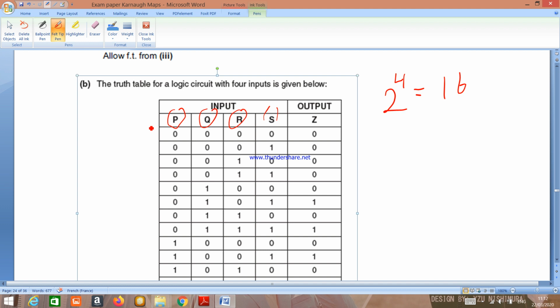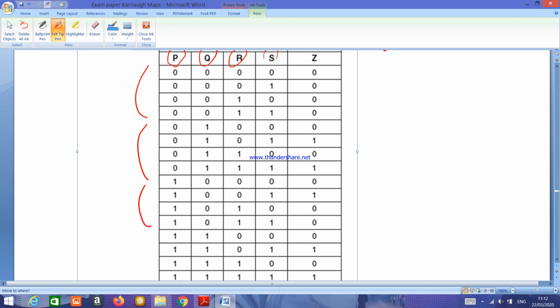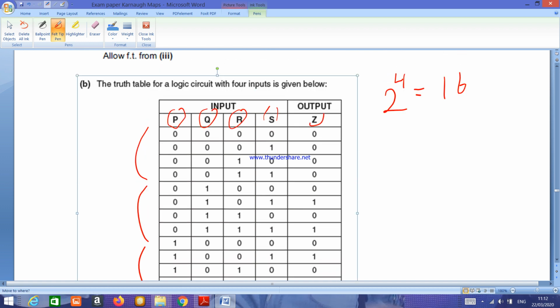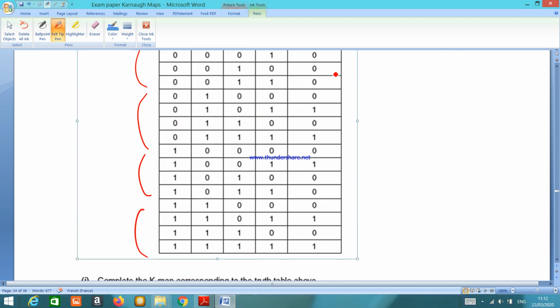So this is our 16 outputs, 4, 4, and again 4, and again 4. And our output is Z. When we look at it carefully, we have 5 terms. So we try to populate the Karnaugh map.